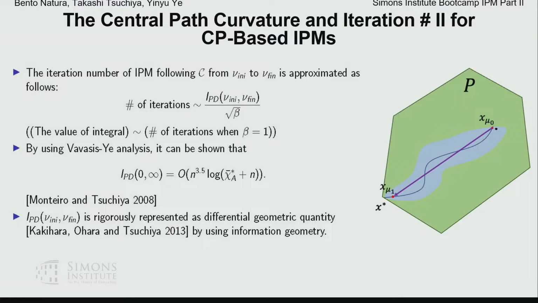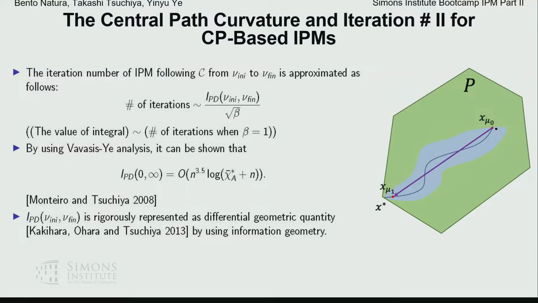You can be sure this coverage, if you remember, the number of iterations is bounded by this one, because the interior point method is scale invariant. So here, chi bar A, chi bar star A, is that condition number. Basically, the coverage differs from log chi bar A by a polynomial factor.